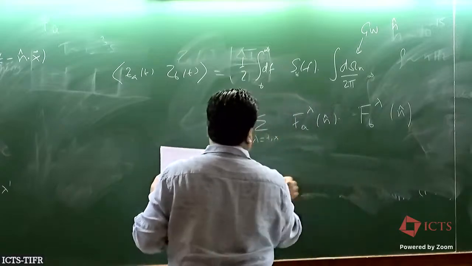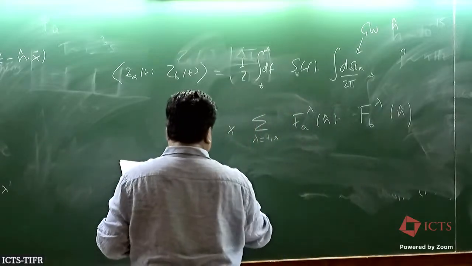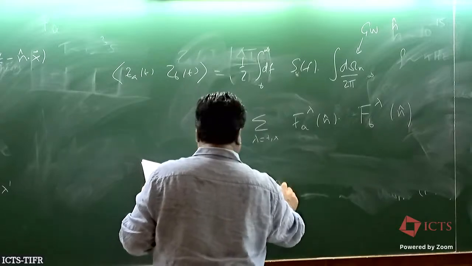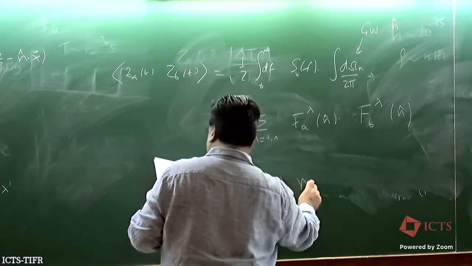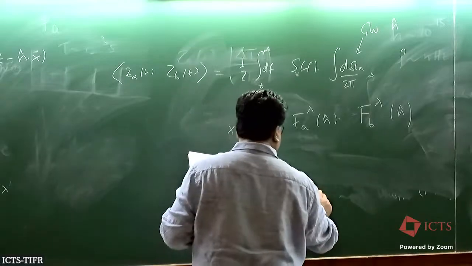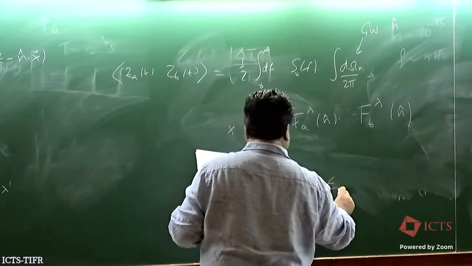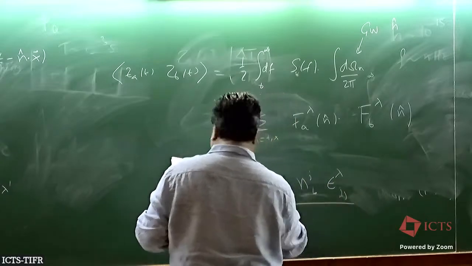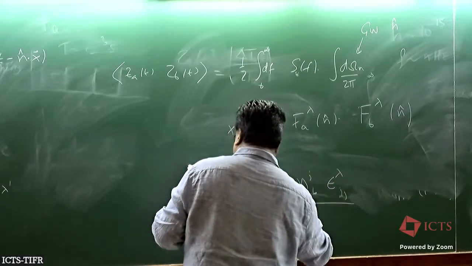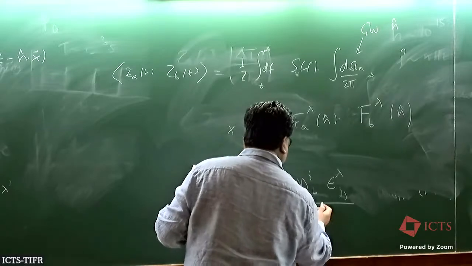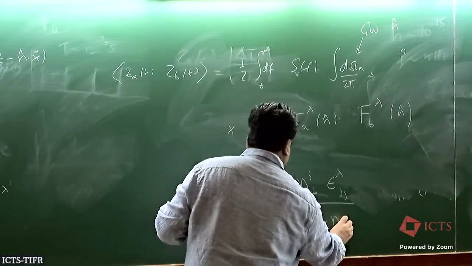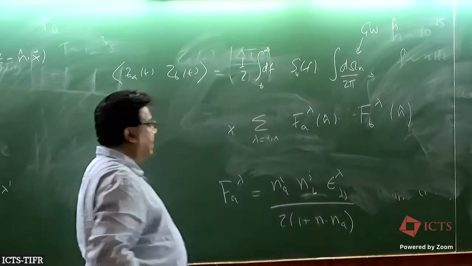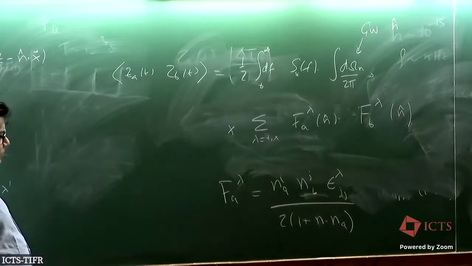And this function is basically F_A lambda n_A i. So this is the function which we picked out from that formula.